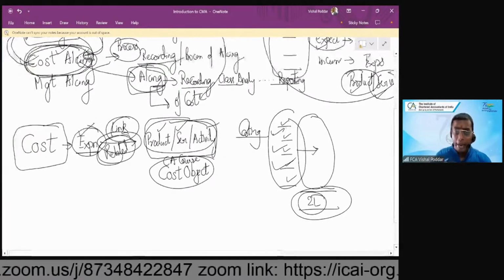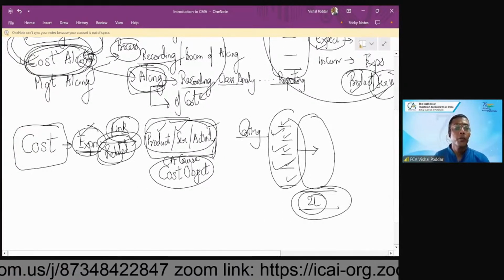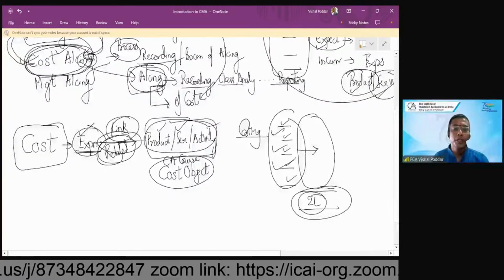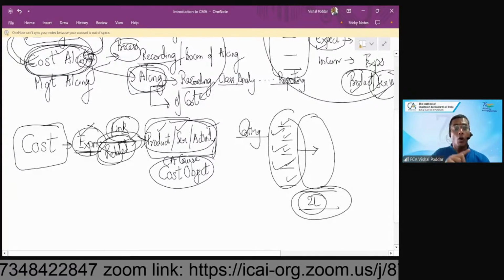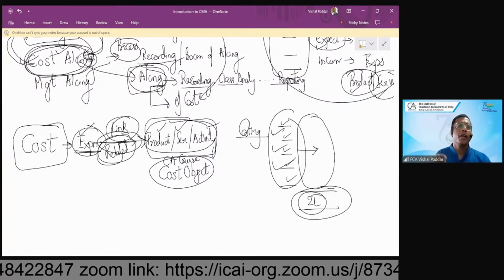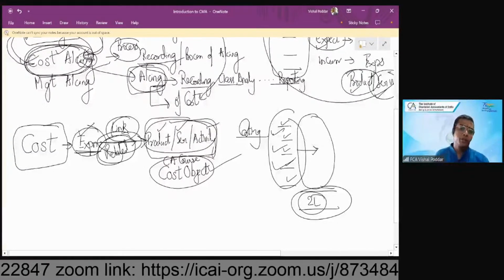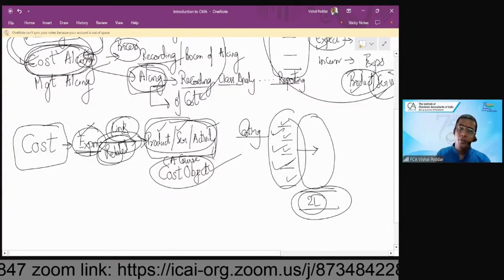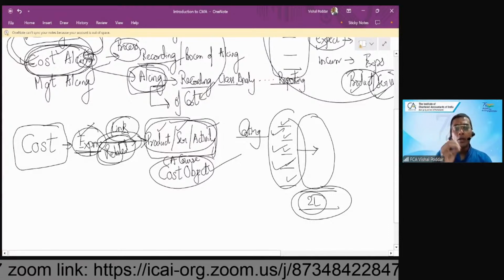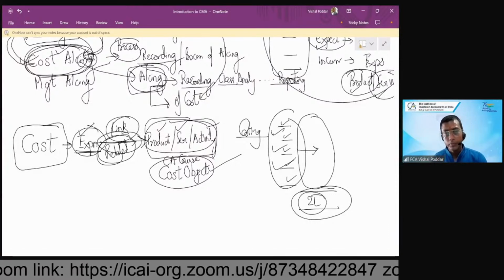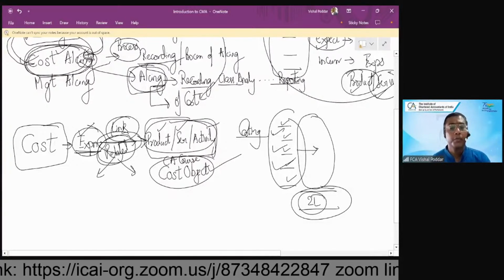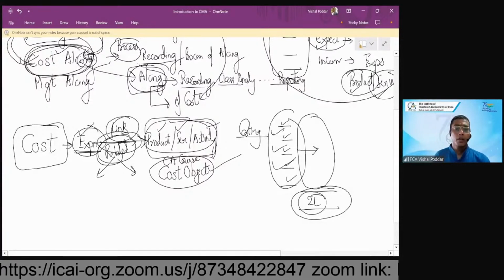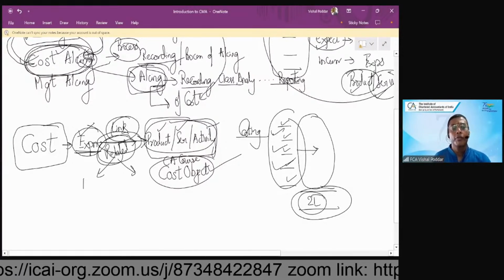Fine. And what is cost? Cost will be only those expenses which are incurred for that product, that service, or that activity, or which are identifiable with that particular cost object. So henceforth, for goods, service, activity, I'll be using the word cost object. Please remember this. Now, when I say expenses which are identifiable, expenses which are related, please understand relations are of two types.